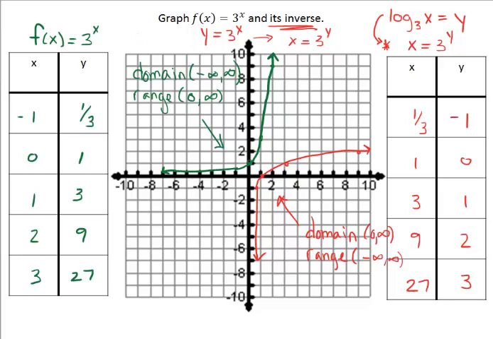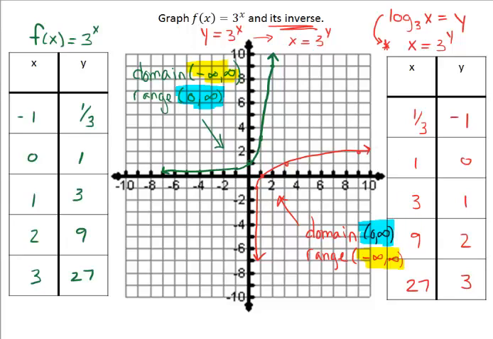So if we notice a pattern here, the domain of my initial exponential function is exactly the same as the range of my log function. And the range of my exponential function is exactly the same as the domain of my log function.